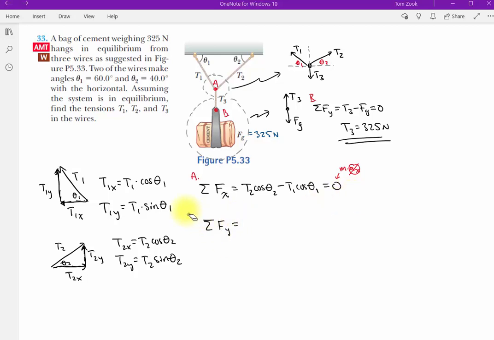For the y direction, we'll have T2 sine theta 2 plus T1 sine theta 1 minus, and here I'll just put it as T3 to keep it as non-numerical as possible, would also equal 0 because, again, in the y direction there's no acceleration.